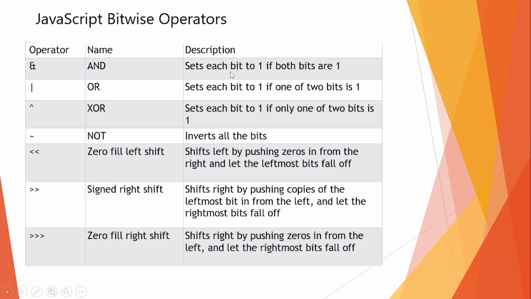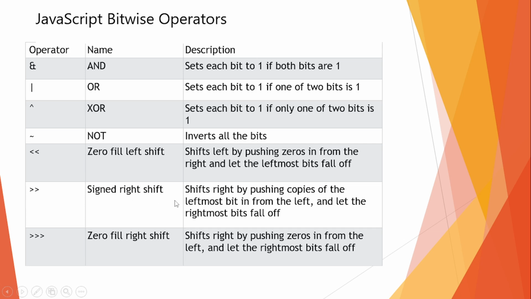The AND operator sets each bit to 1 if both bits are 1. OR sets each bit to 1 if one of two bits is 1. XOR sets each bit to 1 if only one of two bits is 1. NOT inverts all the bits. Zero fill left shift shifts left by pushing zeros in from the right and letting the leftmost bits fall off.